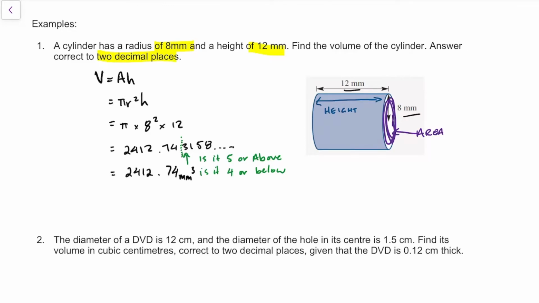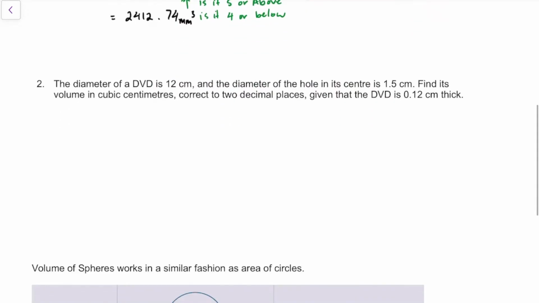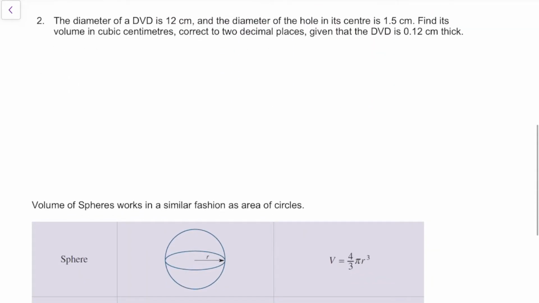Let's move on to the second problem. This second problem is all about a stack of DVDs, or a single DVD rather. So DVDs still available, which is excellent. I like my DVD collection, and understanding how much space they take up can help plan how you do your home libraries and things like that.